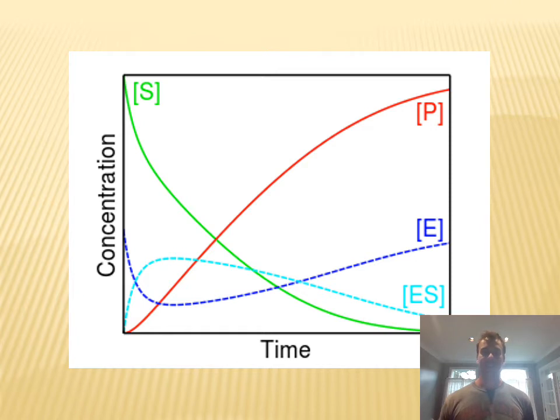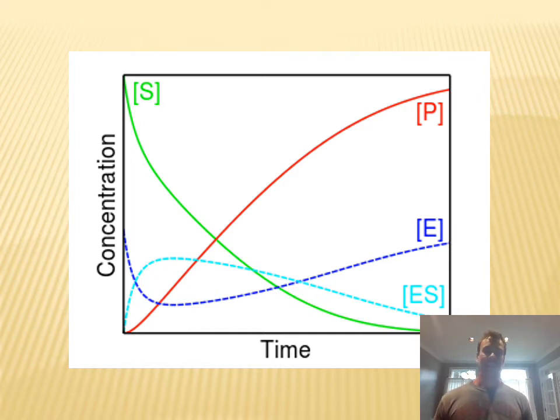So we're not losing any enzyme, we're not gaining any enzyme, it's just moving between the enzyme and enzyme substrate complex. So the free enzyme dips down a little bit in the middle while the enzyme substrate complex goes up, but in the end you end up with the same concentration of enzyme as you had in the beginning. Whereas the enzyme substrate complex starts at 0, goes up, and comes back down to 0 eventually.